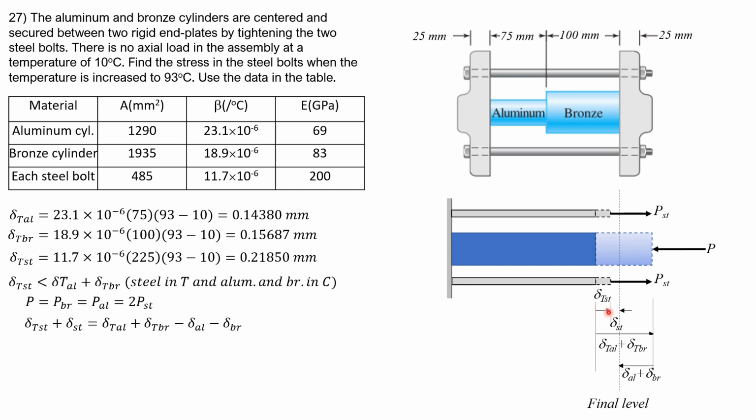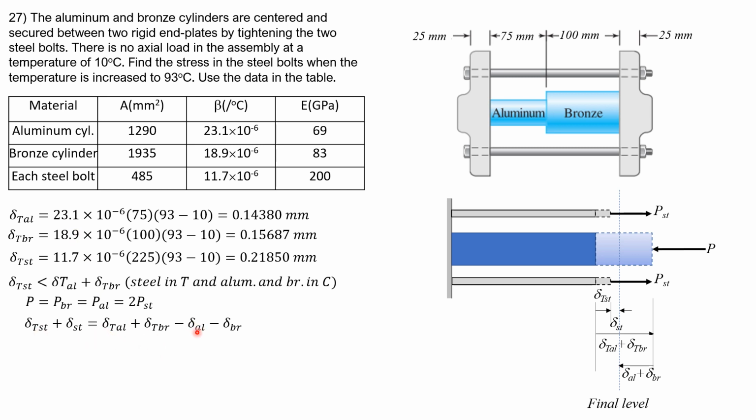So delta TS due to steel plus delta ST is equal to the deformation due to temperature of aluminum and bronze combined, then minus the deformation due to stresses of aluminum and bronze combined. These thermal deformations are already computed.